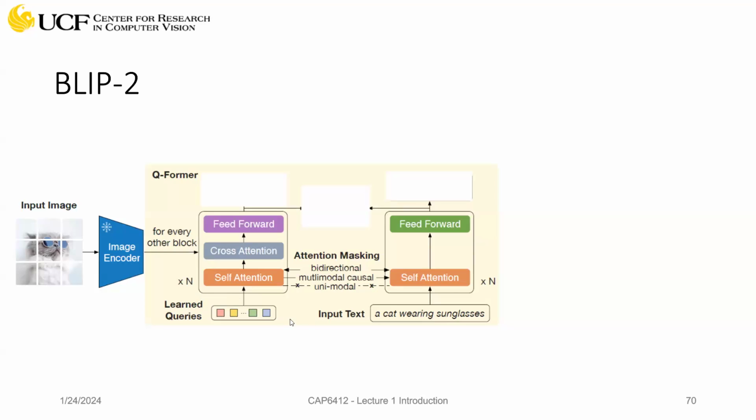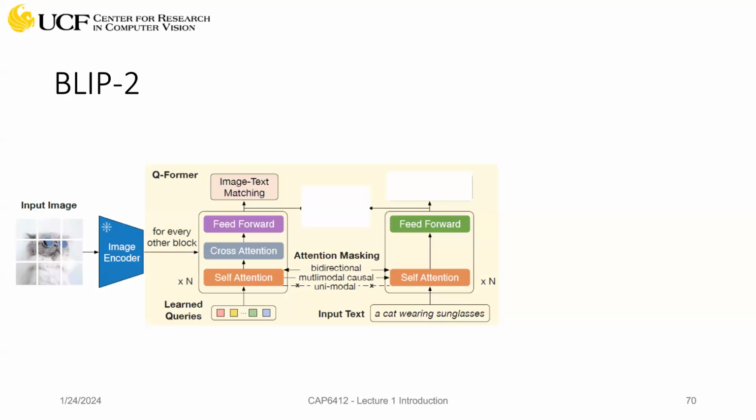Similarly, we'll have the input text, encode that, and get the text tokens. After the self-attention, we do cross-attention between the image and the text, and then the feed forward, and similarly feed forward. So we have these two, as you've been seeing, the text encoder and image encoder. Let's go into a little bit of detail.